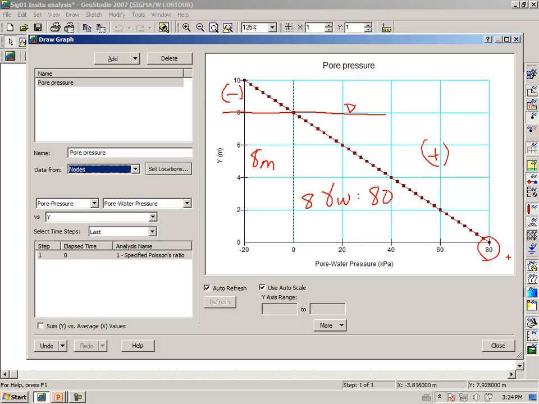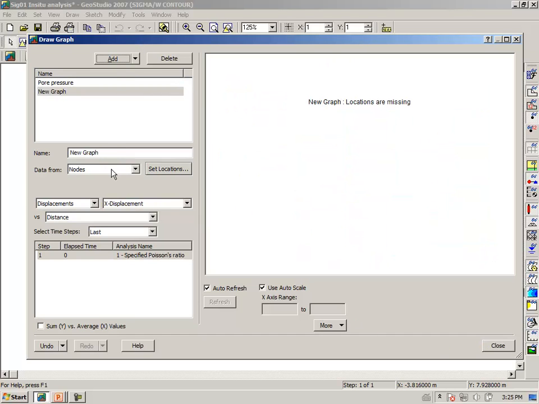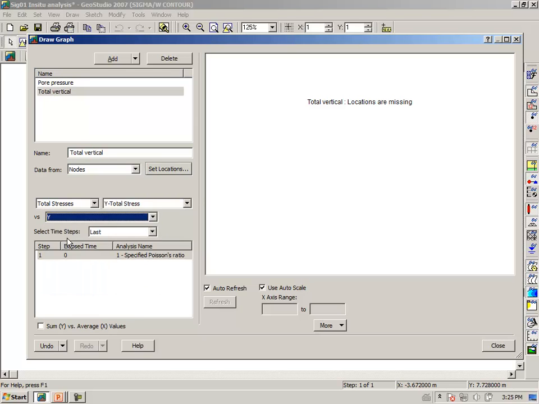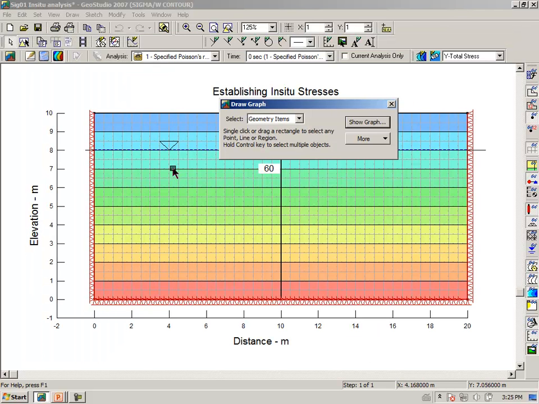So that is correct. Now let us add another graph and say total vertical stress. We go to the total stress category, selecting Y total stress, again plotting it against Y and setting the location once again on the line down the center of the section.